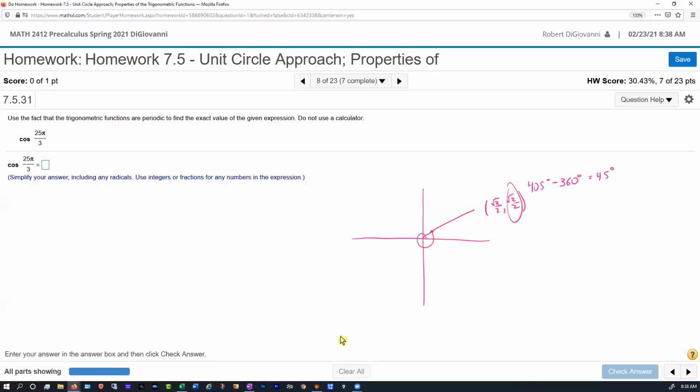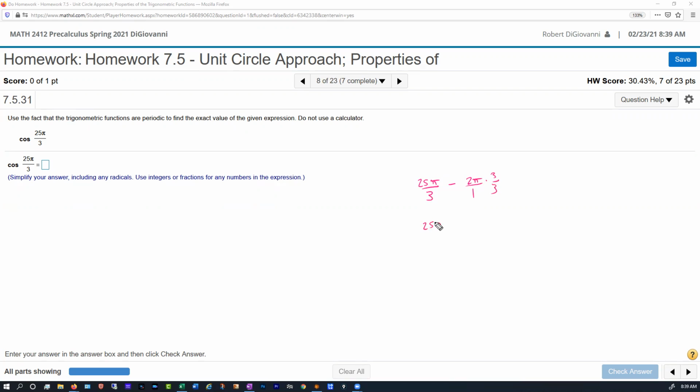Okay. All right, so this one's a little different because we're given our angle in radians. So when we look at this 25 pi over 3, let's figure out how many rotations that is. I'm going to subtract from that a full rotation, which is 2 pi. But to do this, I need a common denominator. So I multiply top and bottom by 3.